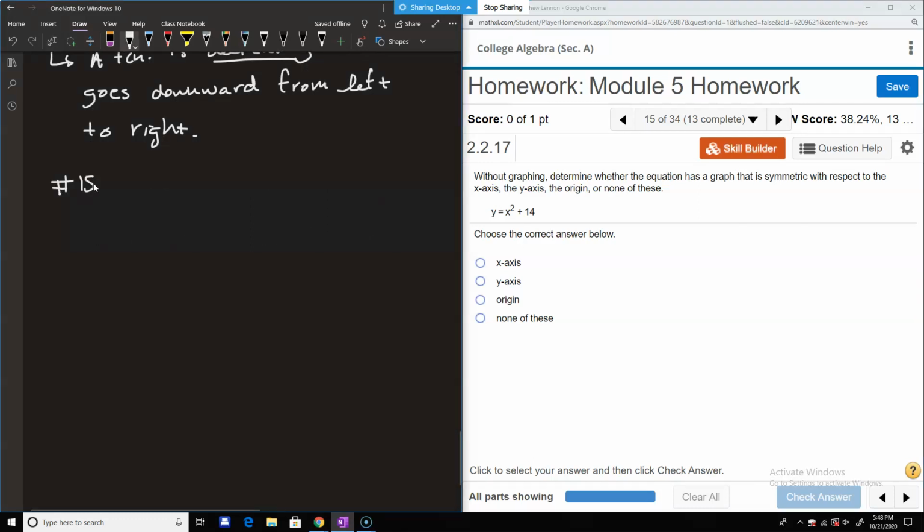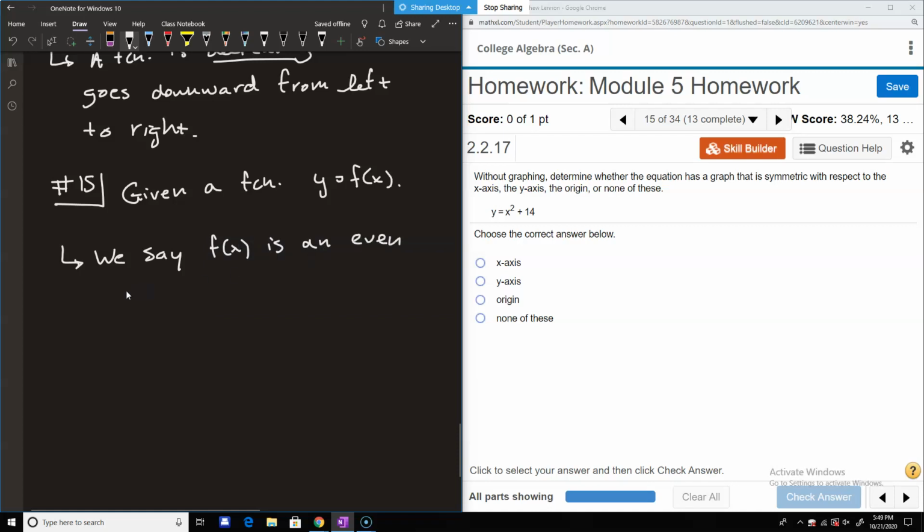So 15. Given a function y equals f of x, we say f of x is an even function provided it satisfies the following thing: f of minus x is equal to f of x.